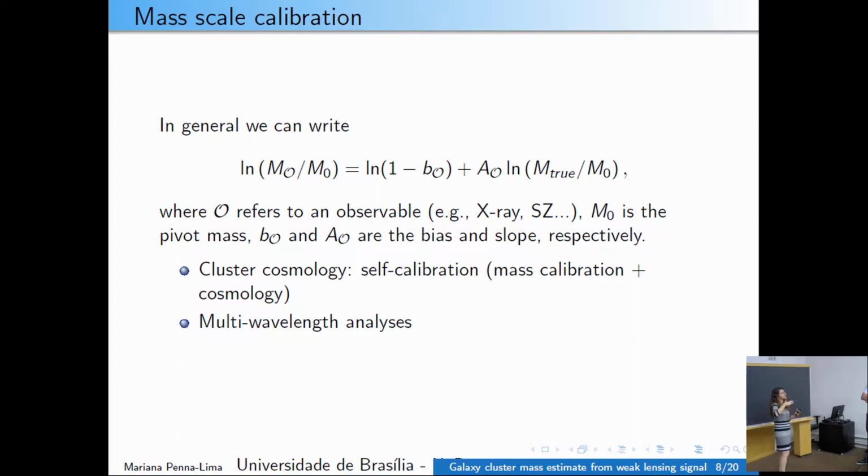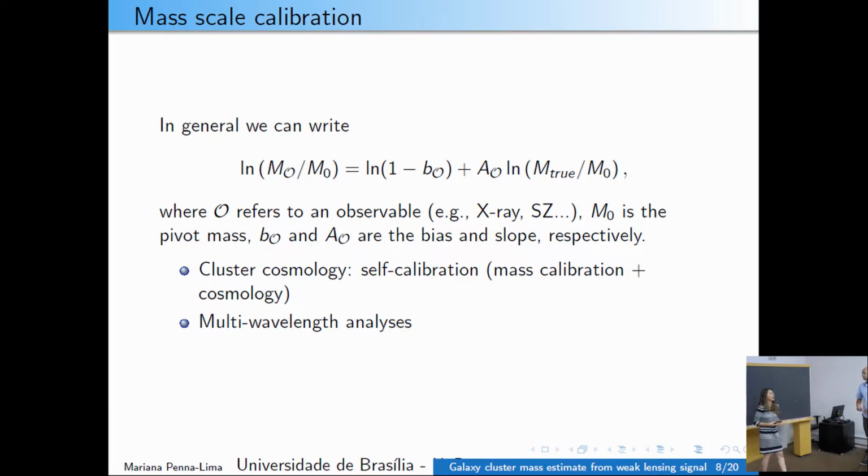So this slope means that you are allowing a form different from a linear function between these quantities.